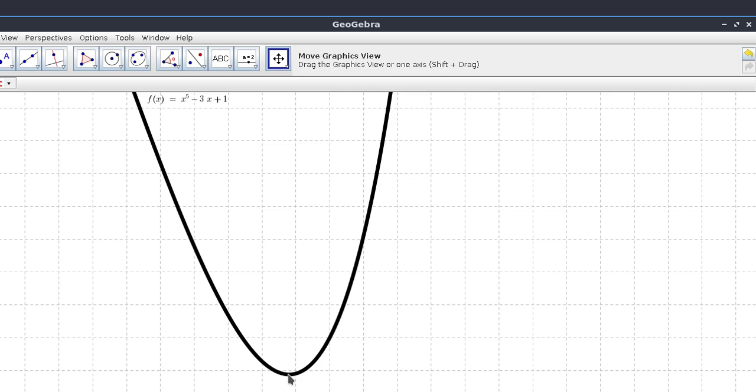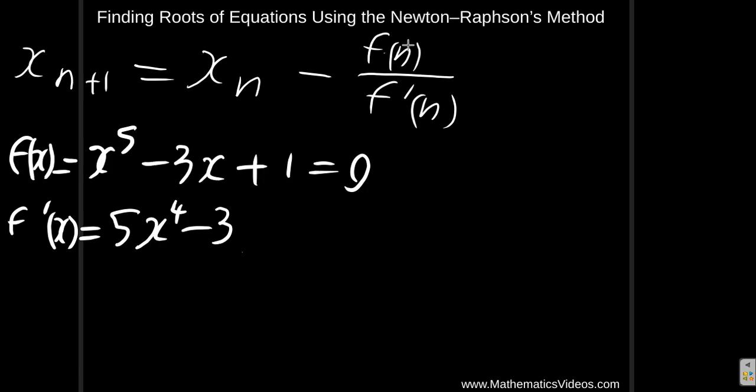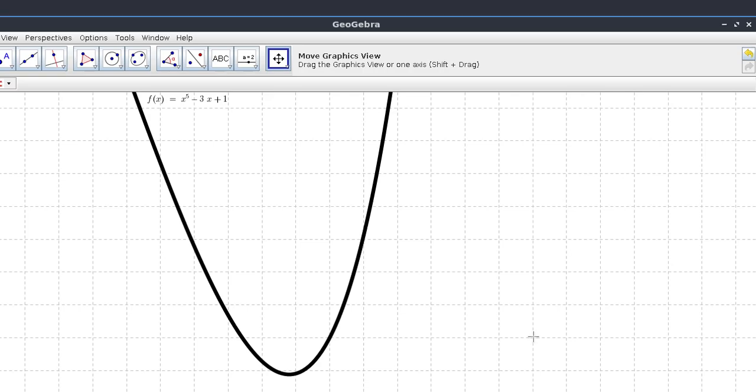So you would have an indefinite calculation there, because you'd be trying to put f of n divided by 0. Based on the formula for the Newton-Raphson method, you would be saying f of n over 0, which wouldn't work.